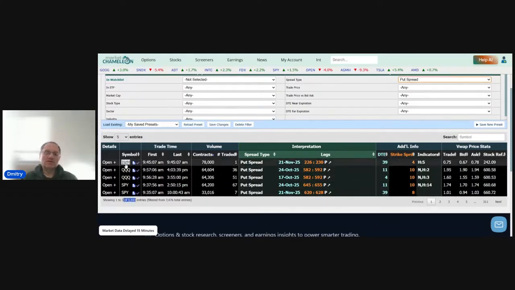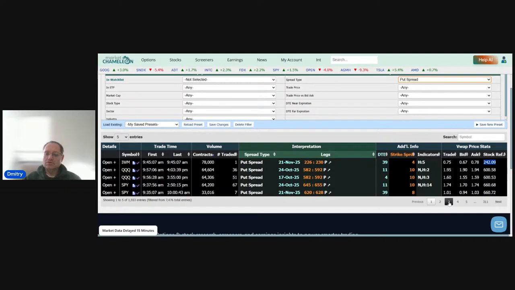You could see the one IWM we just saw involved 78,000 contracts, and that was on the November 21st, 226, 230 put spread. So you see it has 39 days to expiration. The strikes are $4 apart, and quickly you could see this is the average price it traded at. This was the bid and offer weighted, and this is where the stock price was. Here's QQQ, SPY, and we could just go down the line.